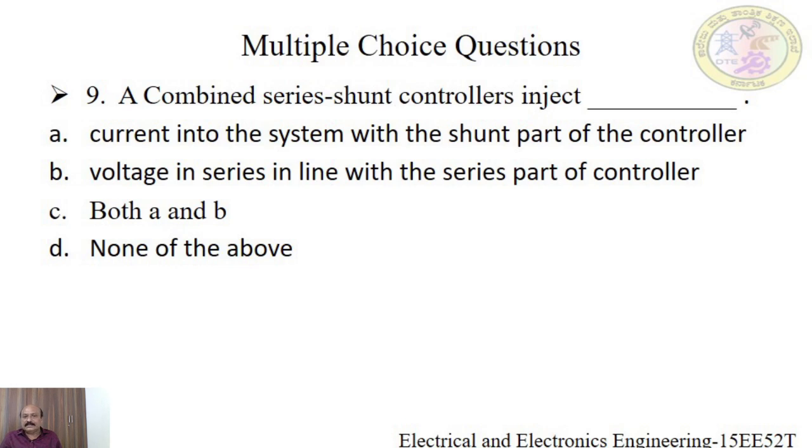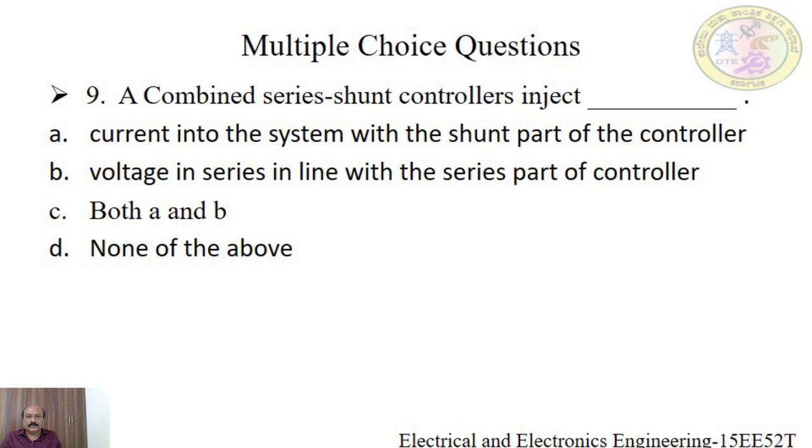As we have already seen, a series controller injects voltage in series with the line, whereas a shunt controller injects current at the point of connection. Therefore, statement A, current into the system with the shunt part of the controller, is being done with the help of a shunt controller.